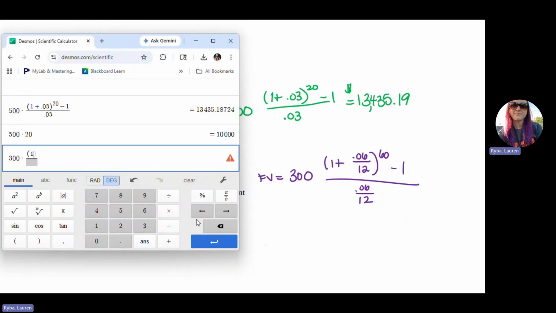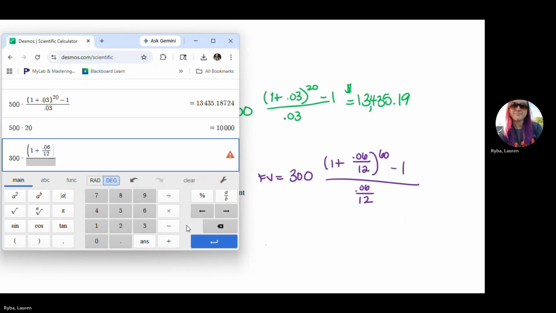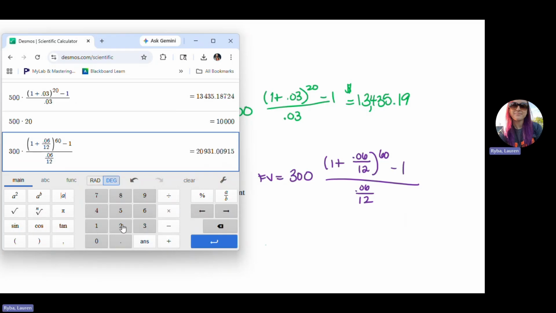So then I'll go to my Desmos calculator here. Raise it to 60, arrow over, minus 1, all over 0.06 over 12.